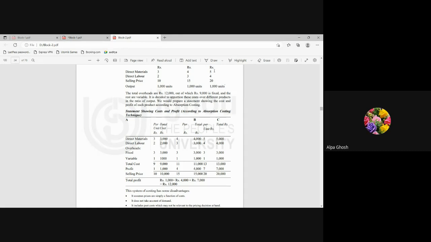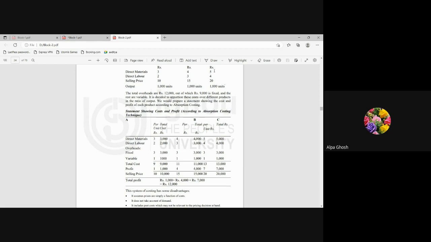So you have direct material, direct labor, and selling price. Direct material and direct labor of 3 and 2 is taken into account. Now overheads. Along with direct material and direct labor, we also need to allocate the overhead. Overhead is an expenditure. So it is 9,000 and 3,000, and 1,000 is the output.